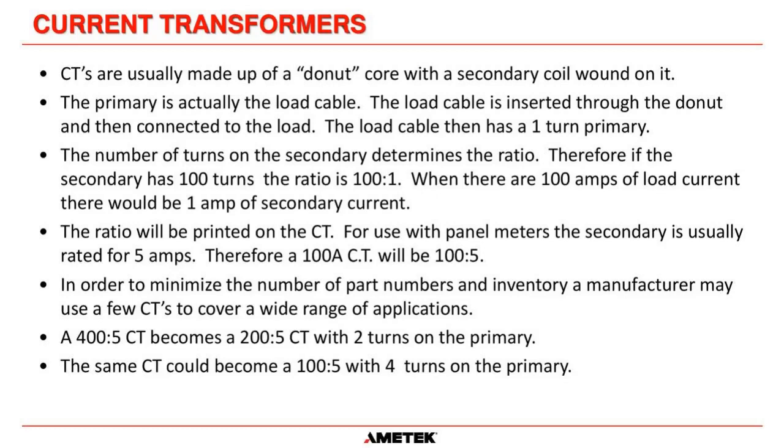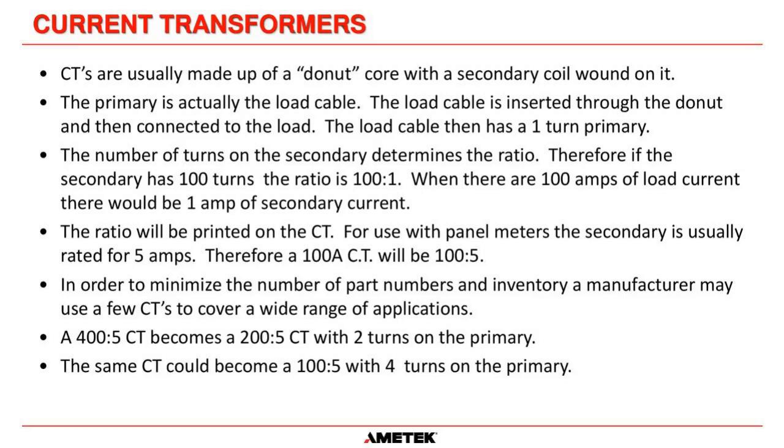If you're a manufacturer, such as SCI, you want to minimize the number of parts in inventory and the number of part numbers. So you can take a 400 to 5 CT, and if you put 2 turns through the primary, it becomes a 200 to 5 CT.